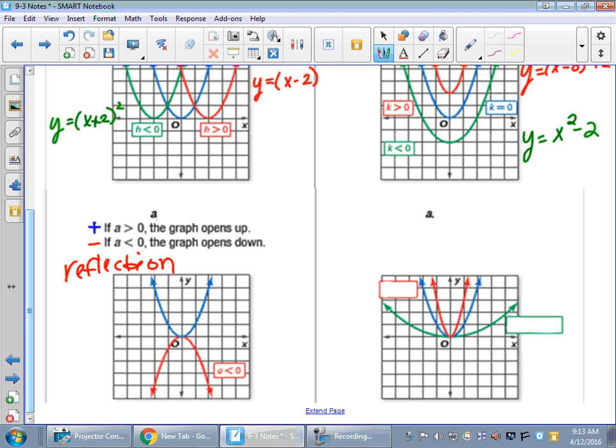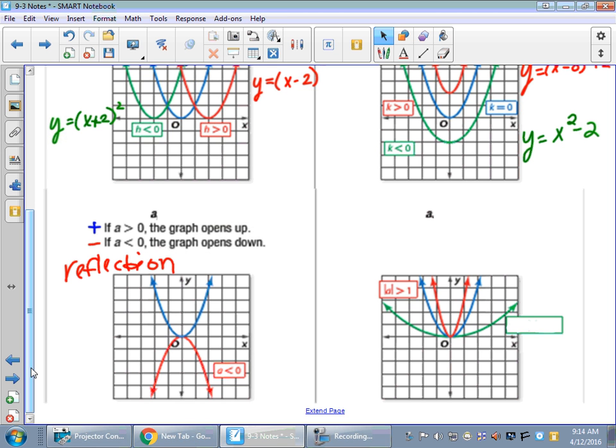And the other thing that a does is determine the size of the opening. Again, we've got blue, green, and red. The blue graph is our parent function. The red graph is showing when the absolute value of a is greater than 1. They put absolute value signs around it because they really don't care about the sign. 2 and negative 2 are going to be the same width, just one of them will be upside down. 3 and negative 3 will be the same width, but one will be upside down.